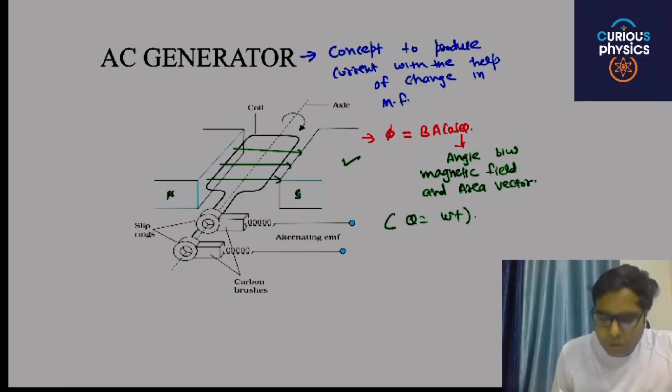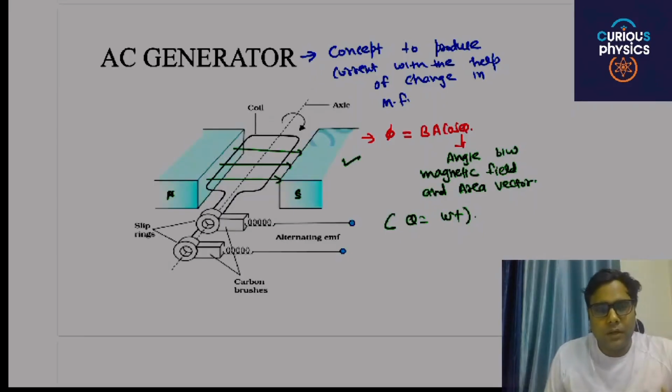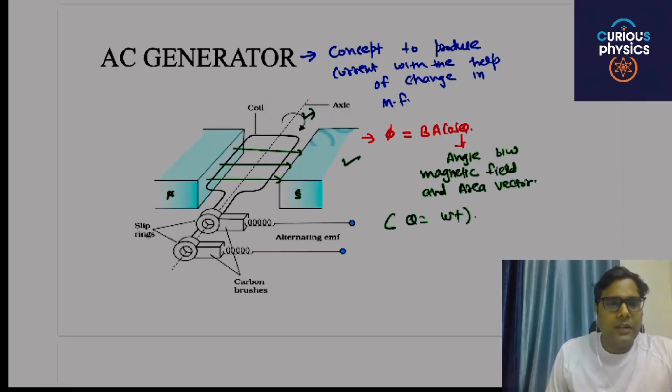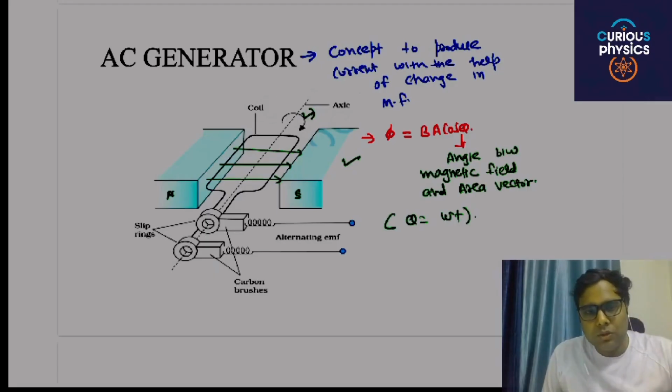Now, with the help of some external agent, we will rotate this loop in this magnetic field. Let's say omega is the angular speed of rotation.